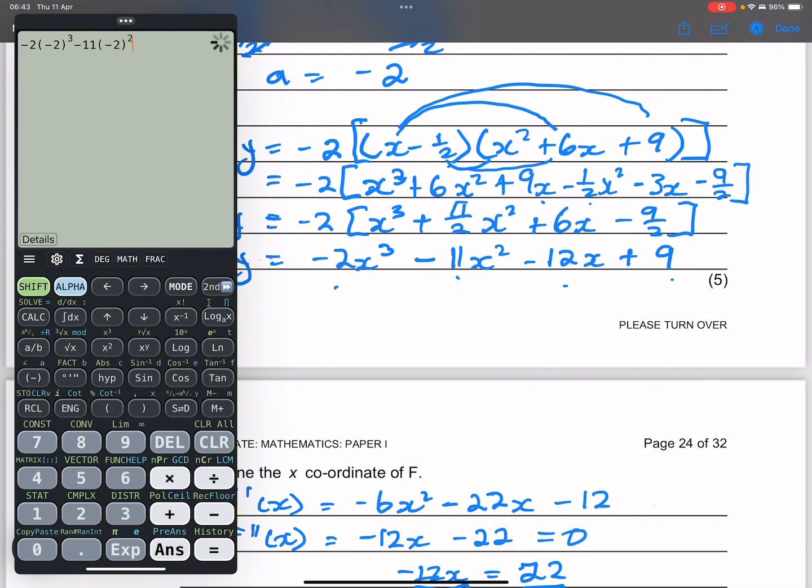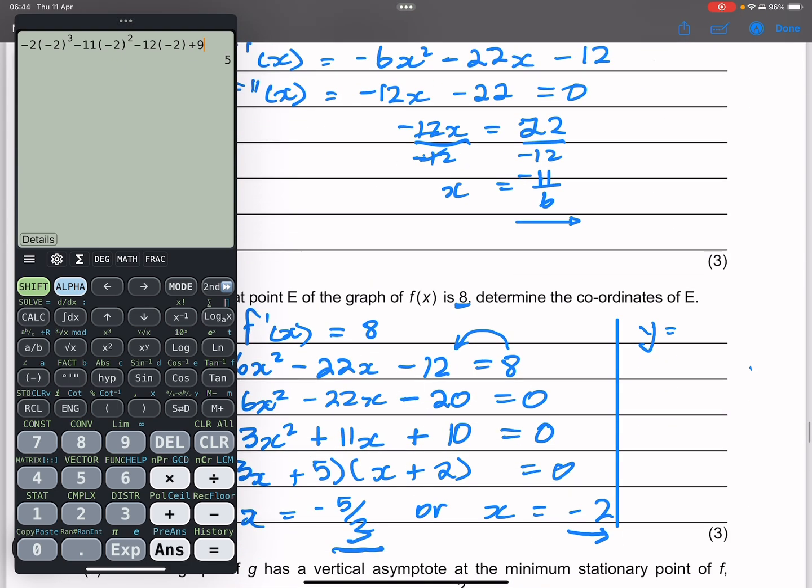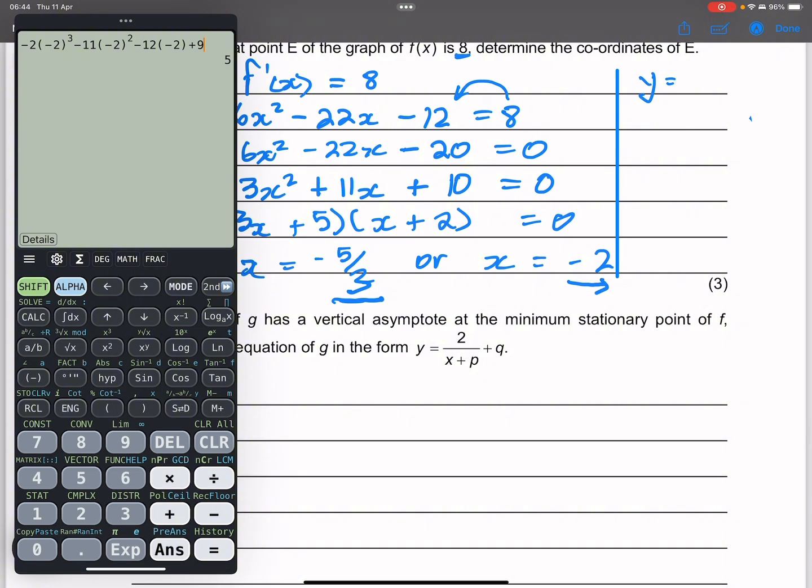That's minus 12 times negative 2 again. And that is plus 9. Okay, so I get the y value being equal to 5 there. So the point E, ladies and gents, would be negative 2 and 5.